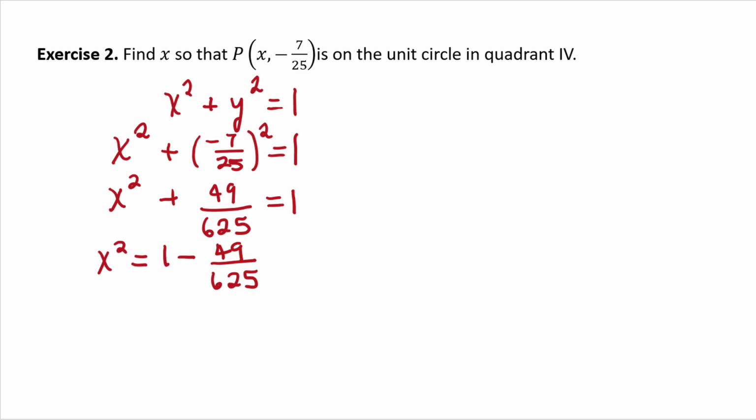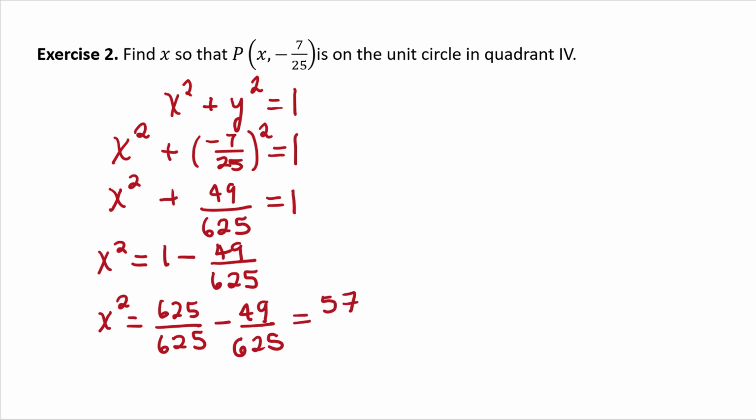As a courtesy reminder, when performing a fractional subtraction, you must have a common denominator. So change the 1 to 625 over 625 minus 49 over 625. This difference gives you 576 divided by 625.